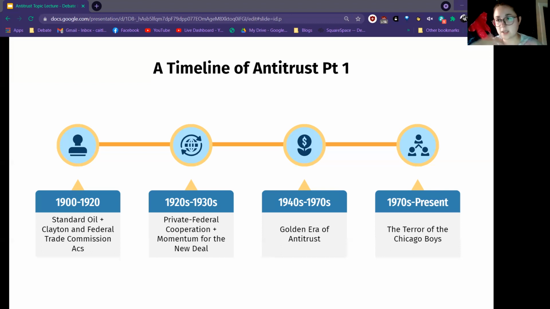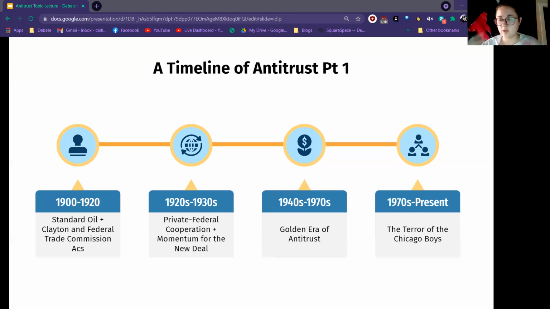And so you'll see that the history of antitrust really covers a wide breadth of issues, and is fundamental in many ways to the evolution of the economy and different socioeconomic developments in the United States.